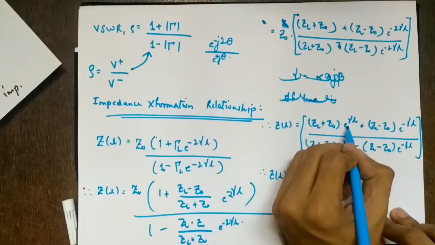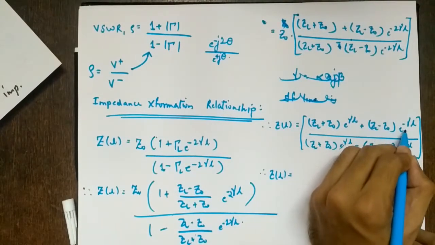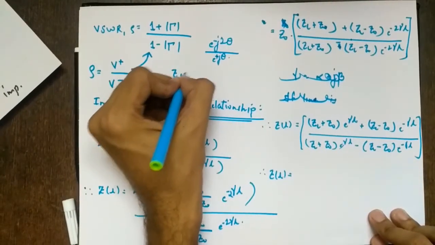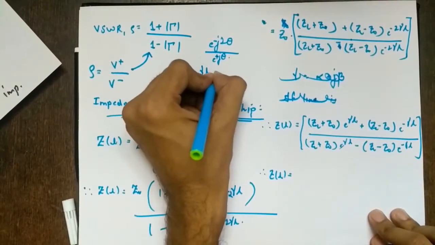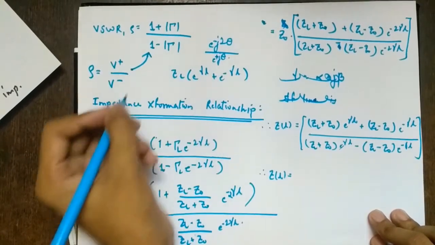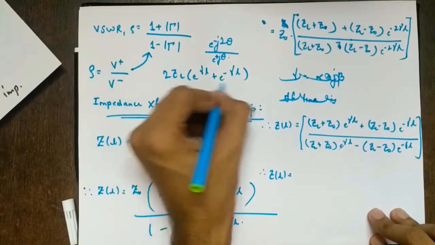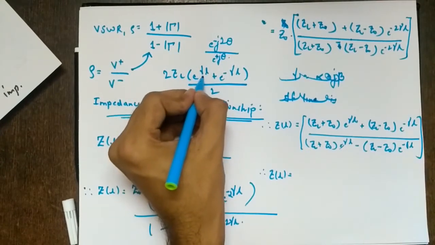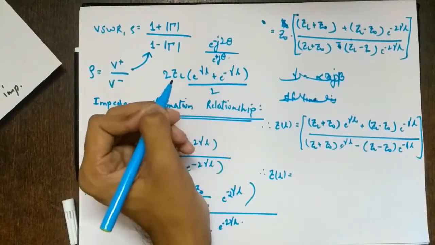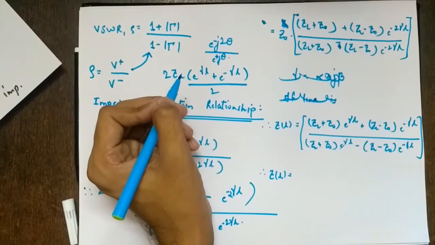So ZL e raised to gamma L plus ZL e raised to minus gamma L. So it will be ZL times e raised to gamma L plus e raised to minus gamma L, right? If I multiply and divide by 2, I get 2 times this upon this. So what is e raised to theta plus e raised to minus theta upon 2? It is cos hyperbolic theta, right?